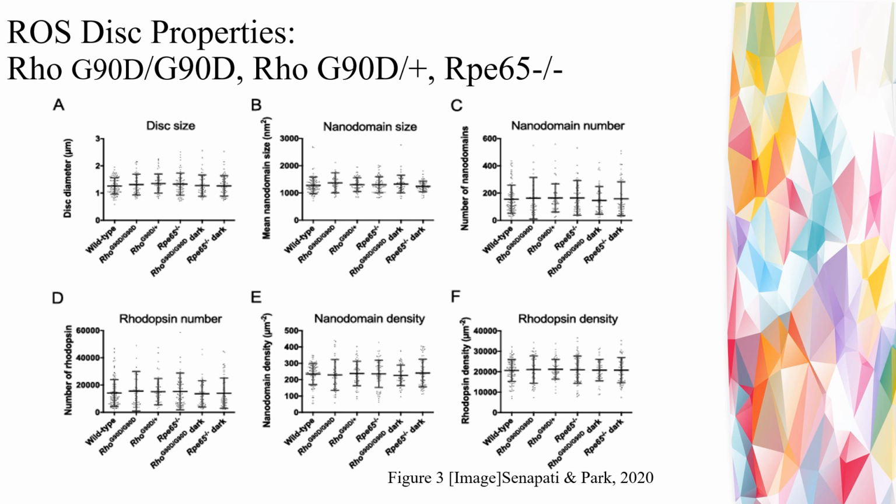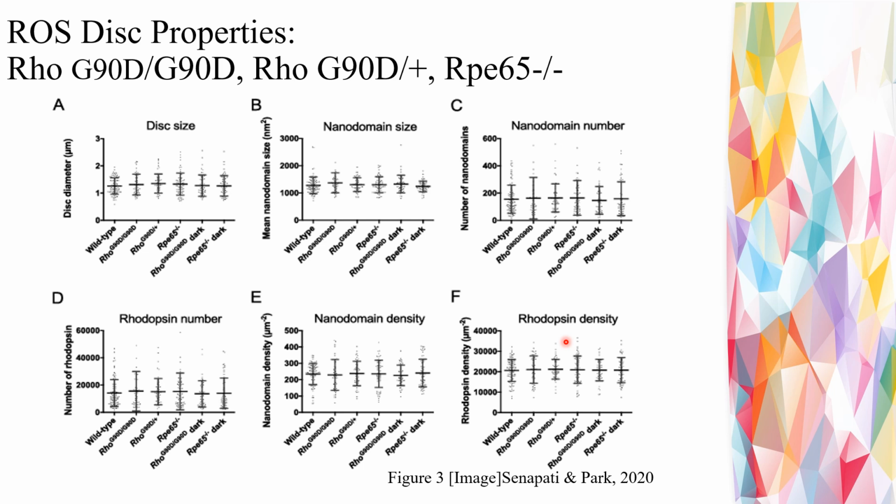And the mice were housed for 10 days in constant darkness. This data consists of looking at the following: the disc size, nanodomain number, rhodopsin number, nanodomain density, and rhodopsin density.